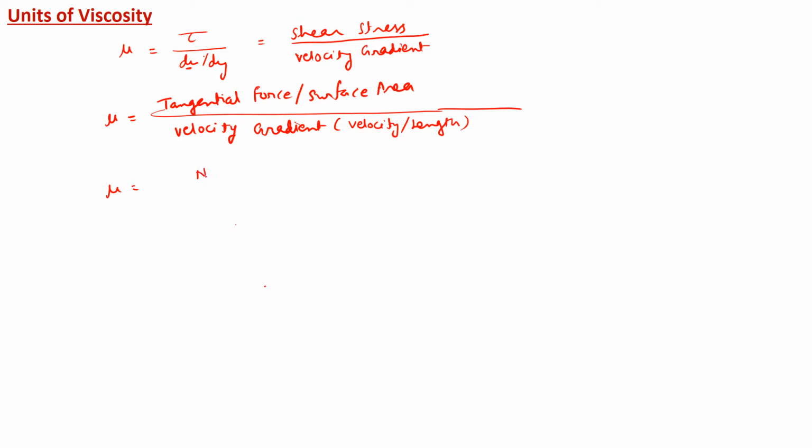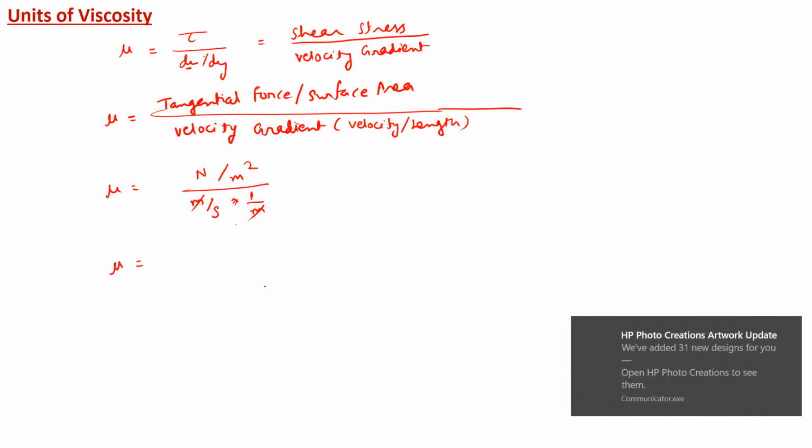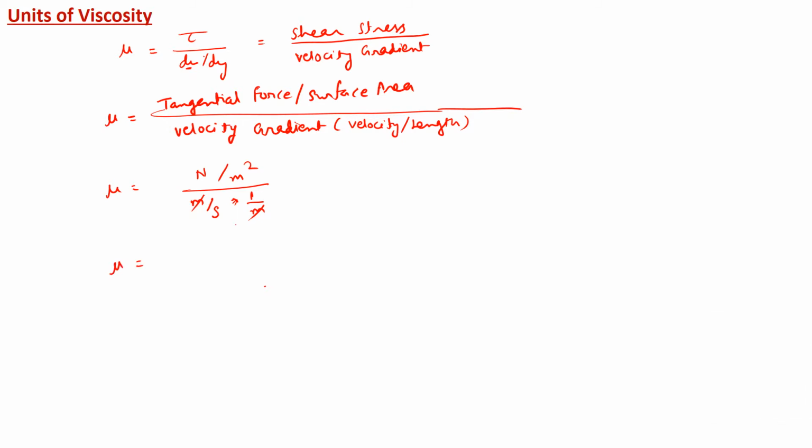Now force is measured in Newton, surface area in meter square, velocity in meter per second, and upon length again it is 1 upon meters. So this cancels out and you get mu equals Newton second per meter square. So in the SI system, the unit of measurement of viscosity is Newton second per meter square.